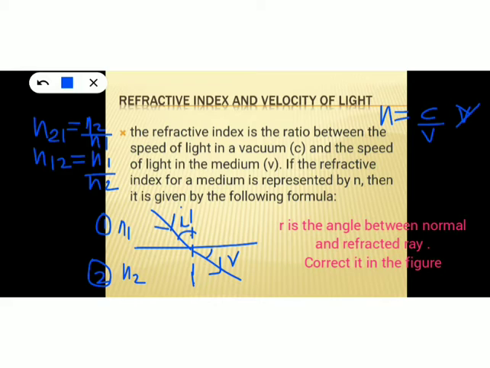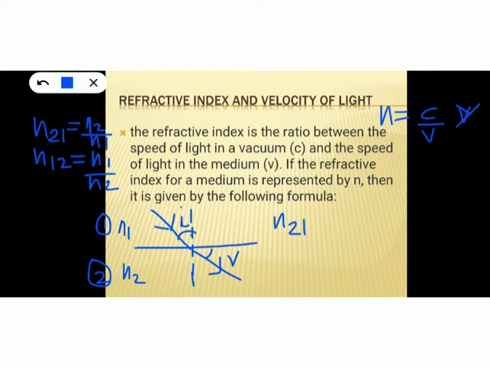Okay, so here bending occurs in the second medium, so we obtain the refractive index of the second medium with respect to the first medium. And here V1 is the velocity of light in the first medium and V2 is the velocity of light in the second medium. Okay, so there is a relationship between velocity and refractive index, and we can write N21 is N2 by N1. And N2 by N1 is equal to V1 by V2.